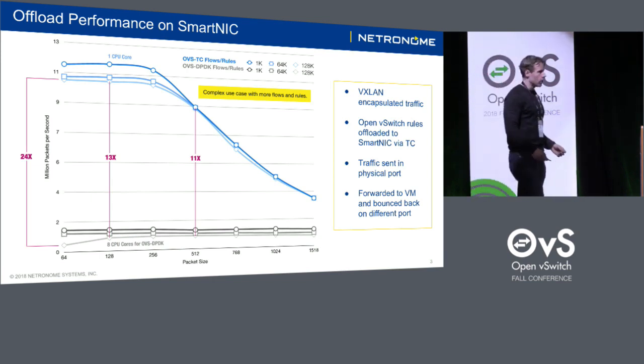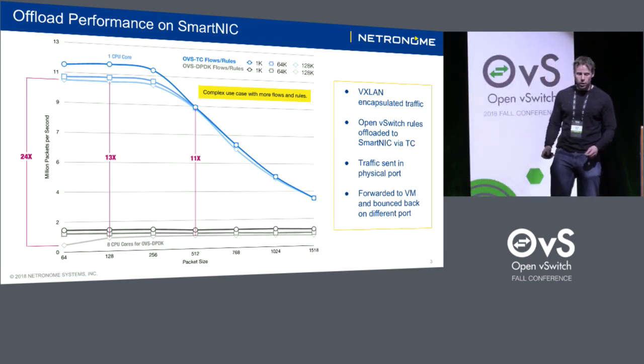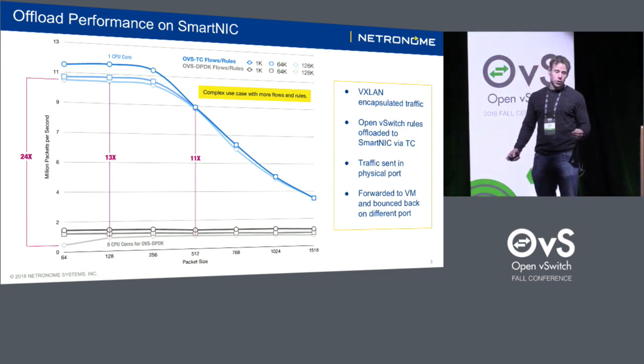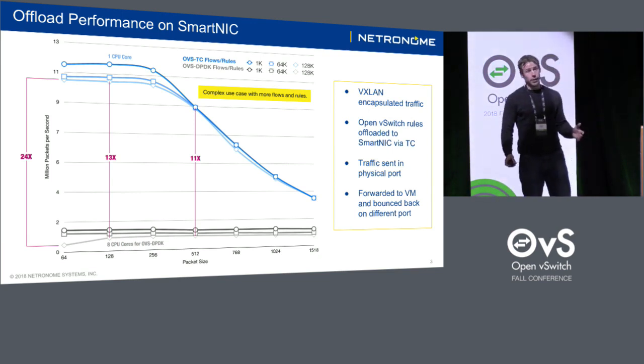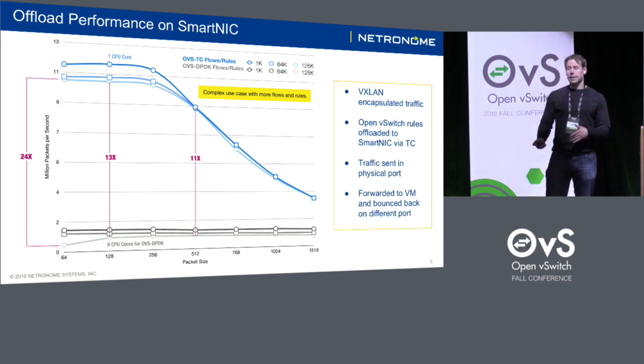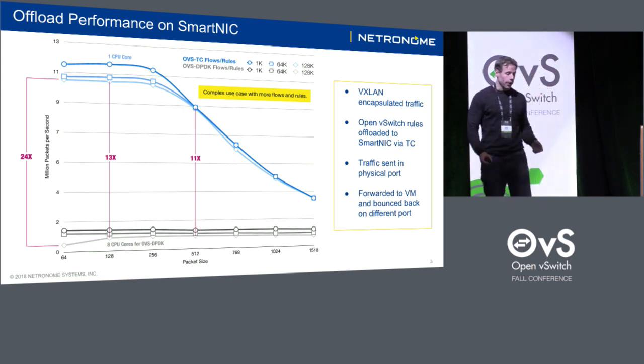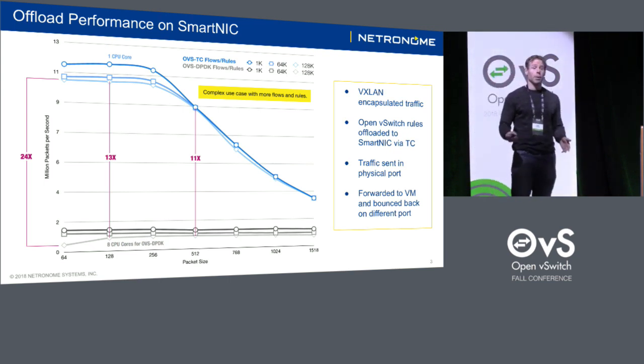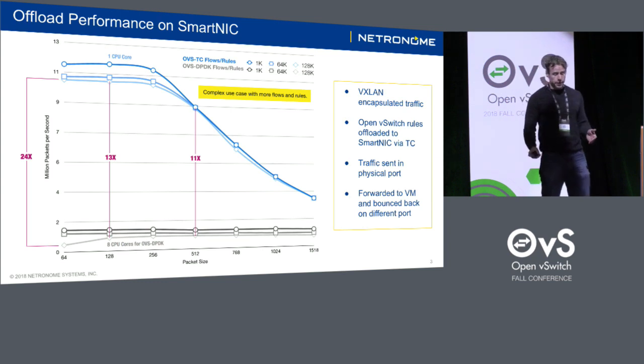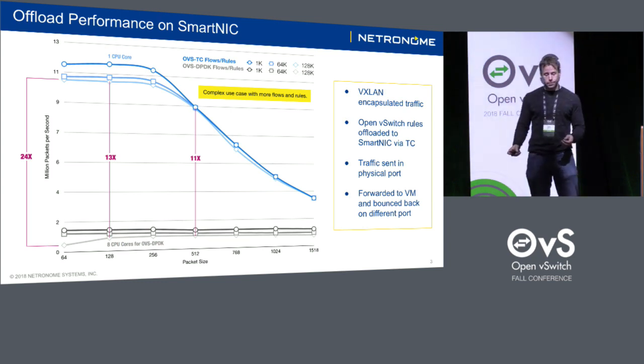So this is our motivation for doing this. I'll not dwell too long, it's not really the point of the talk, but these are some performance figures we get. I think the test here is some VXLAN traffic coming into the NIC, matching rules, being directed to a VM, bounced back to the card and back to the network. And I think the setup here compares it against OVS DPDK running with 8 cores.